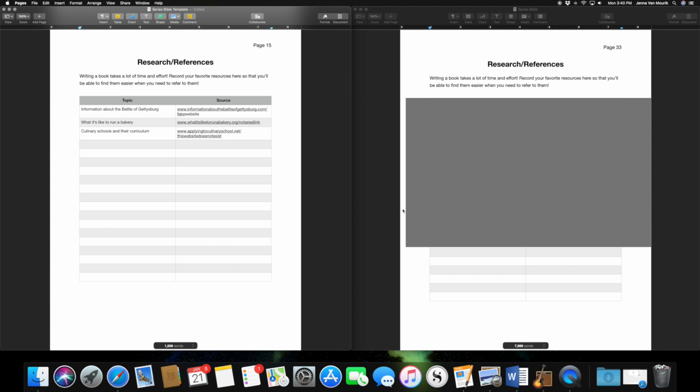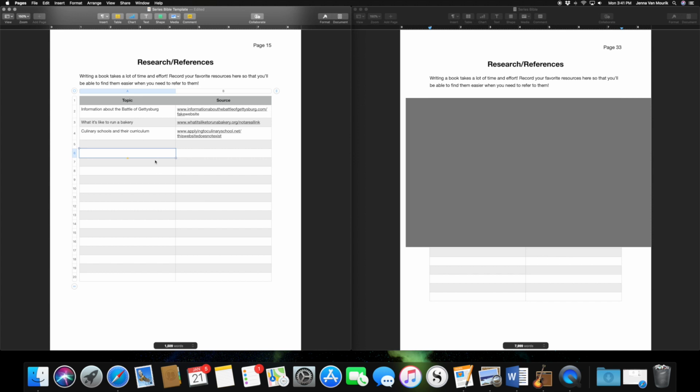It's very simple to do, and that way, if you're looking at this on a computer, you can click the hyperlinks and it'll easily take you to that source. Or if you are looking at this physically, you can type that information into your browser, and it'll really help you keep track of all the sources, all the references, all the research that you are doing, which I think is really helpful as opposed to having a million saved bookmarks or saved tabs.